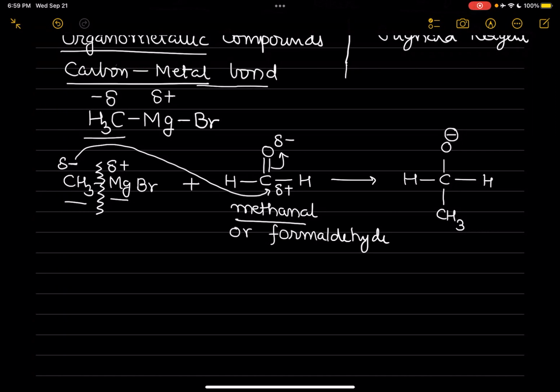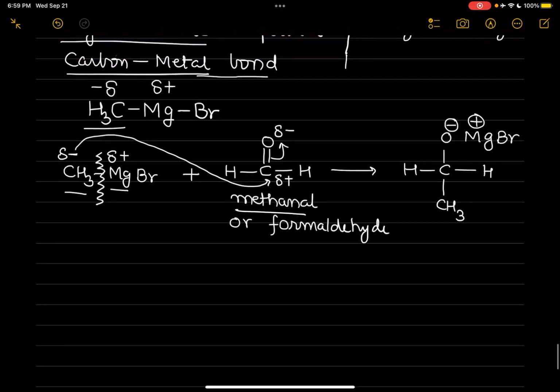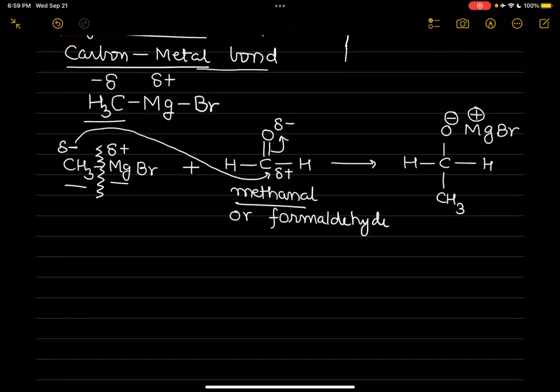And where will the magnesium go? MgBr plus. Okay, this is the first step. This is called nucleophilic addition reaction because the alkyl group is coming in and joining on the aldehyde.